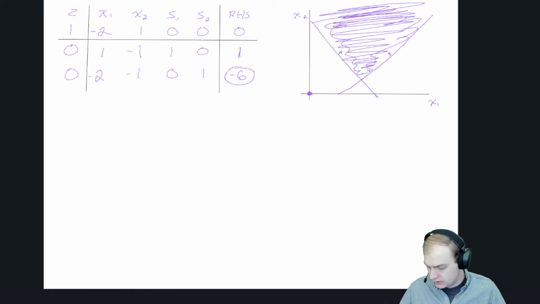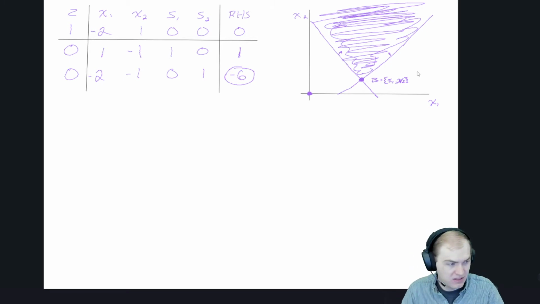So, like I say, tomorrow we're going to talk about how to navigate from an infeasible basis back to a feasible basis. But for now, I'm just going to point out that this point is feasible. This point has the basis x1, x2. Right.